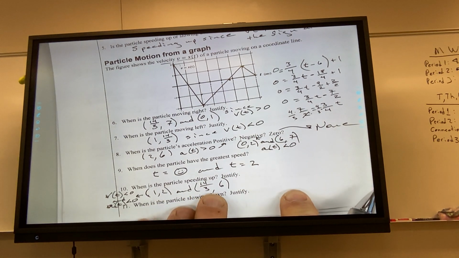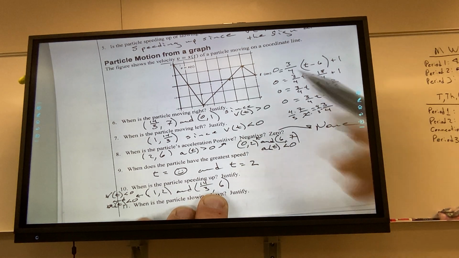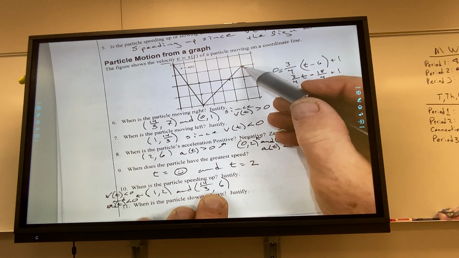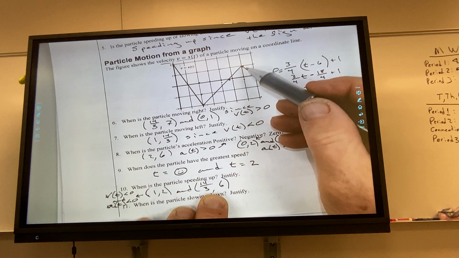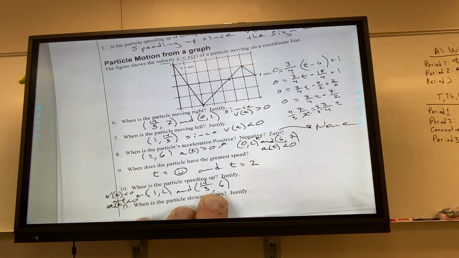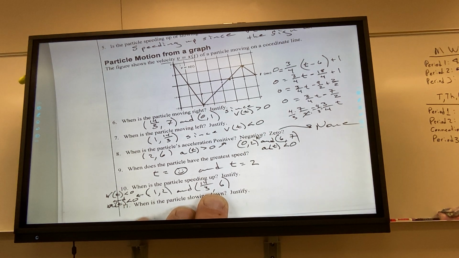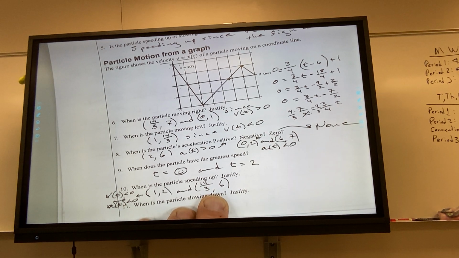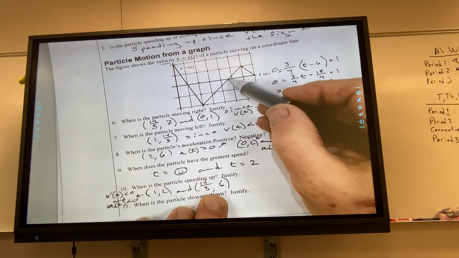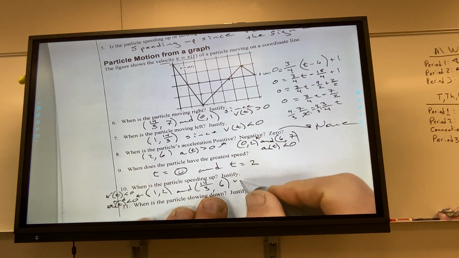What about over here? Does it have the same reason? Because you said it's from 14/3 to 6, and you are correct. And I like how you said, hey, it's a velocity function, and if it's moving away from the x-axis, it's got to be speeding up, okay? I got that. But you're not always going to have the velocity function, so from here to here, what can you say about the velocity?